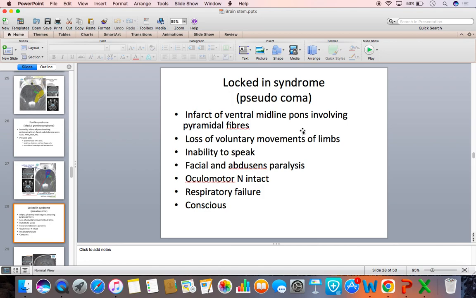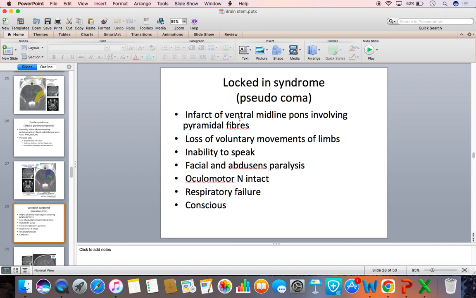Well, if you see the locked-in syndrome, here the structures are involved bilaterally. So, bilateral pyramidal fibers, bilateral facial and abducens paralysis with intact oculomotor nerve. This is what is called locked-in syndrome.